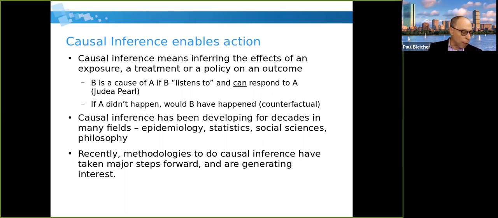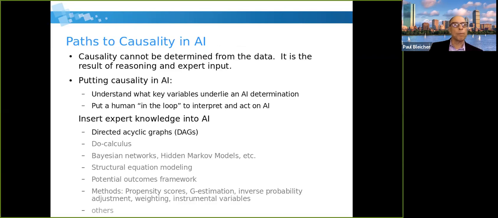Causal inference has been developing for many decades in epidemiology, statistics, social sciences, and philosophy, but recently, a number of methodologies have made it possible to use causal inference in a mathematically rigorous way. And I'm going to show you just a couple of those. So again, causality cannot be determined from the data alone.